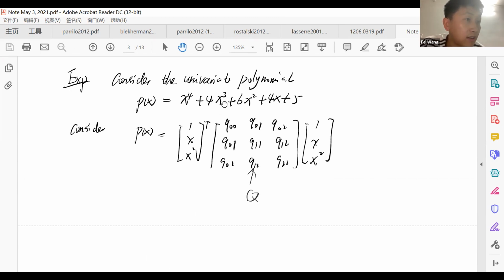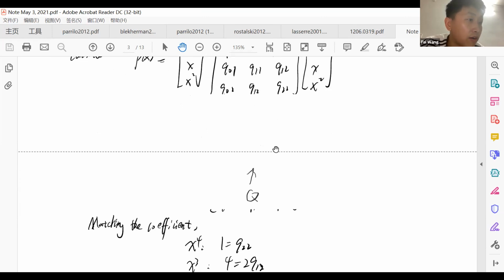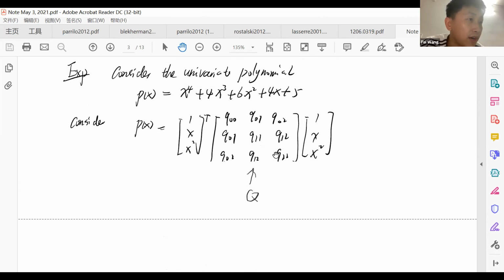For x^3, we have 2 Q12, which is 4. For x squared, x squared comes from x times x, which would be Q11, plus x squared times 1, and there are two of them. So Q11 plus 2 Q02 is equal to 6.